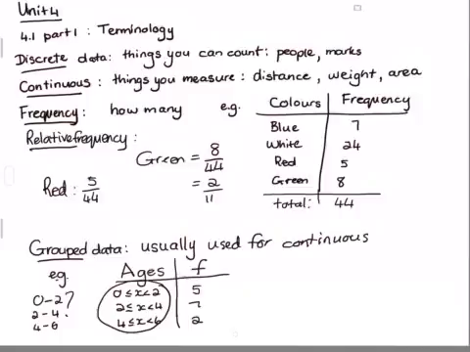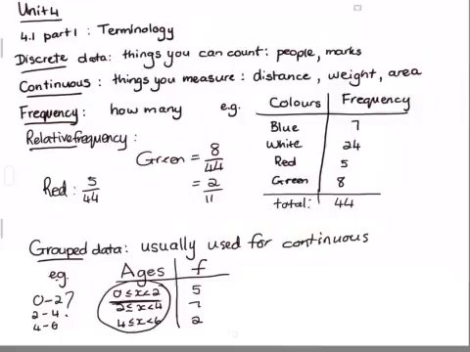And X is usually just used as the data. So if we read this one, we would read the children who are aged from 0 up to just before 2. And there were 5 of them. So that's grouped data.